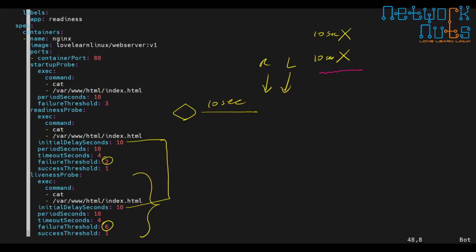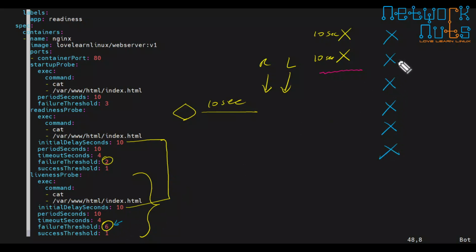But okay, let me take the blue color as the liveness probe. The liveness probe will go for 6 times, which means 60 seconds. Here it's 6.